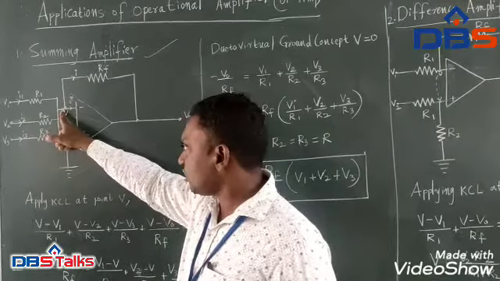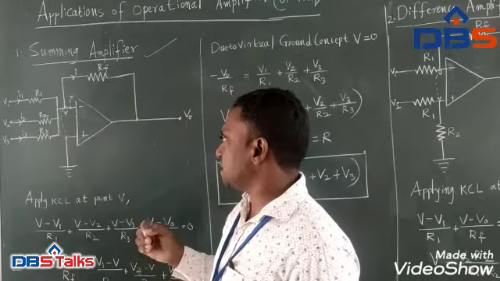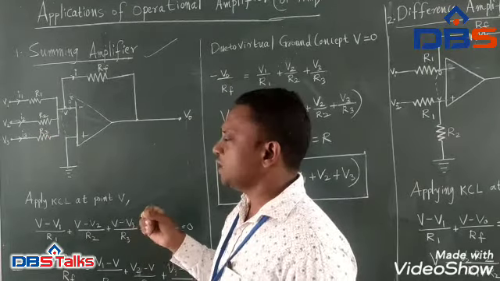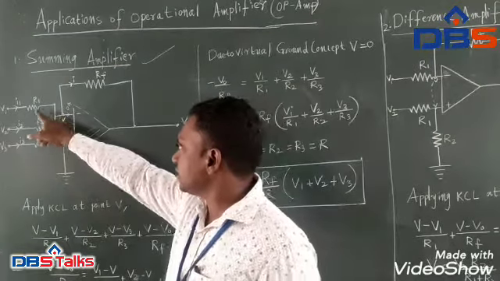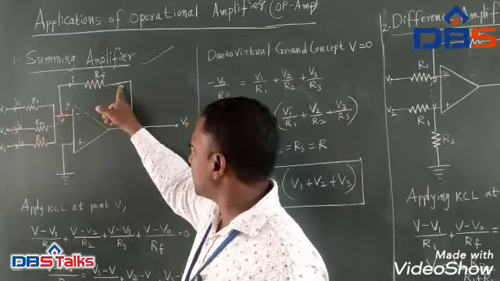Now see, what is KCL? The sum of the currents entering a particular point or node in a network is equal to the sum of the currents leaving that node. So the current entering here is equal to the current leaving.